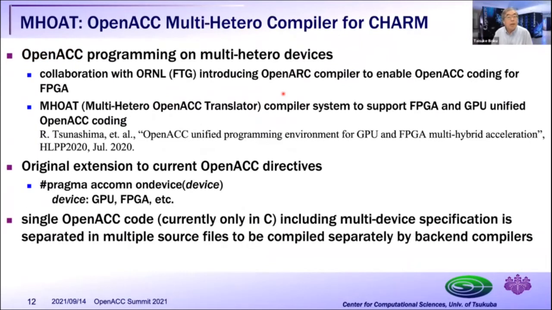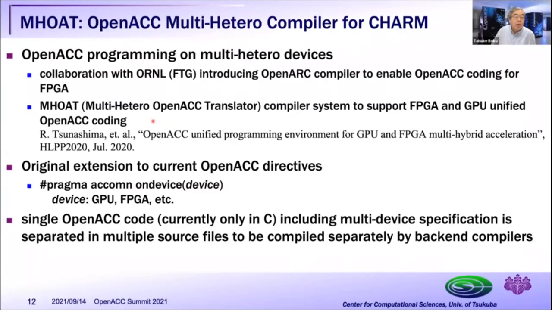Here we make some sort of higher-level total compiler, which is named MHOAT. MHOAT stands for Multi-Hetero OpenACC Translator. It is exactly aiming at the CHAM concept, how to implement the OpenACC compiler in the CHAM concept.